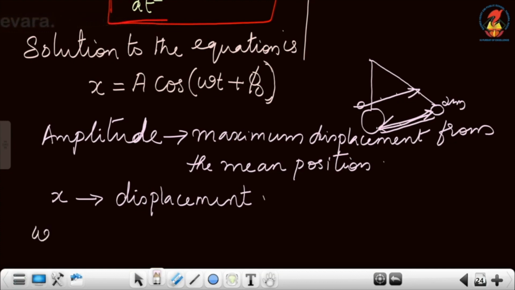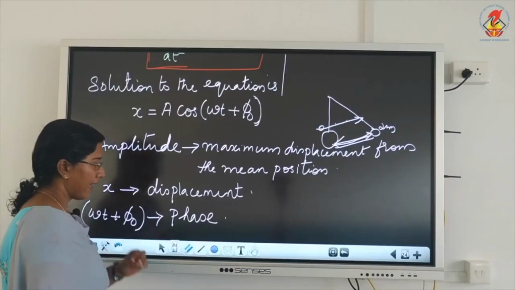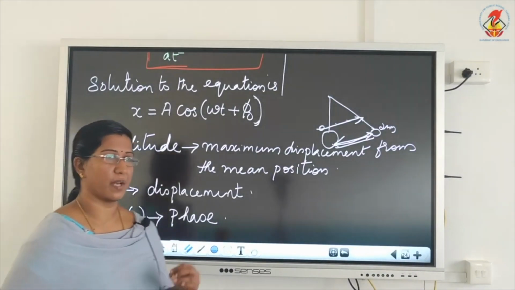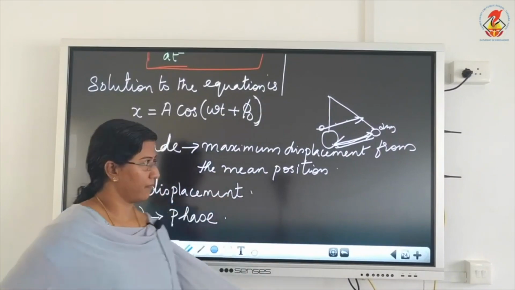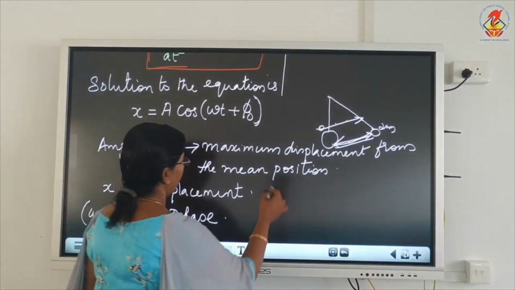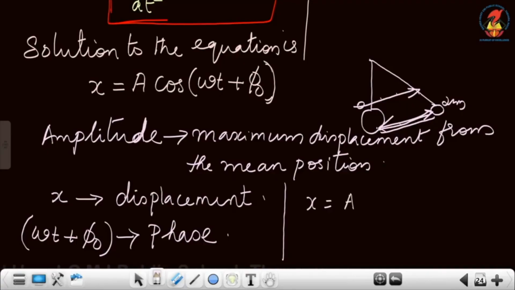And omega t plus phi 0, which I told you is equivalent to theta, is known by the term phase. Phase is a term which represents the state of the particle at a particular time. For example, x is equal to A cos(omega t plus phi 0).